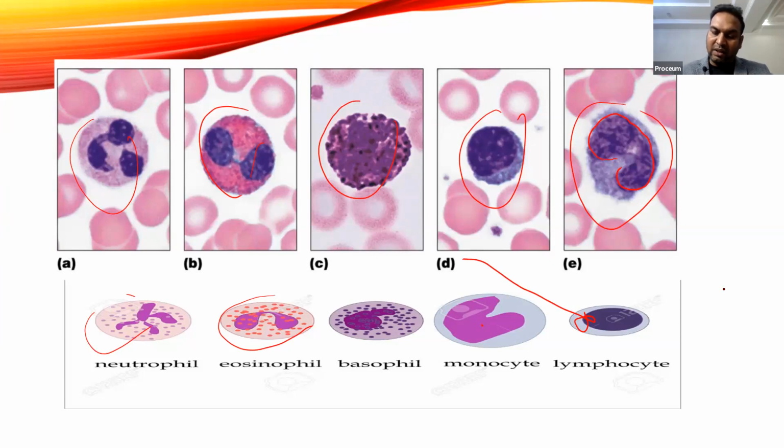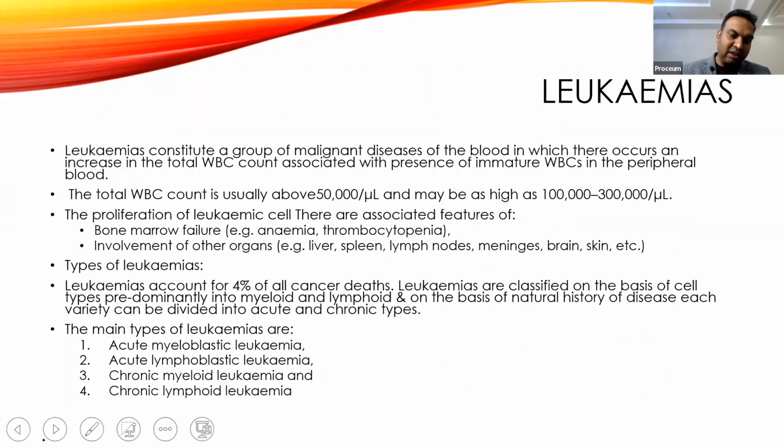Then we come to another pathological condition called leukemia. When there is an increased WBC count, we call it leukocytosis. But when the count goes into lakhs, then we call it leukemia. Whenever the WBC count goes above 50,000, it is highly likely to be a leukemia.